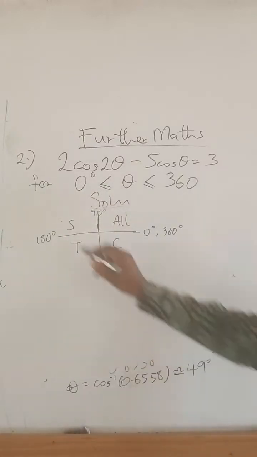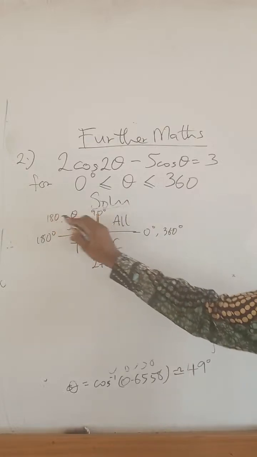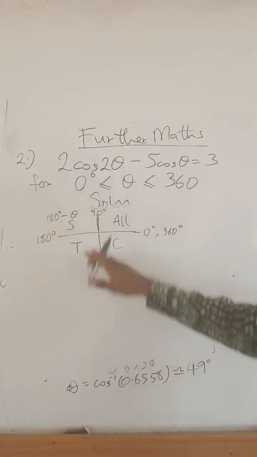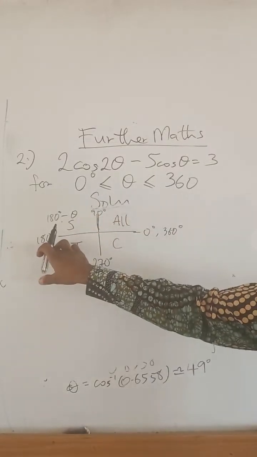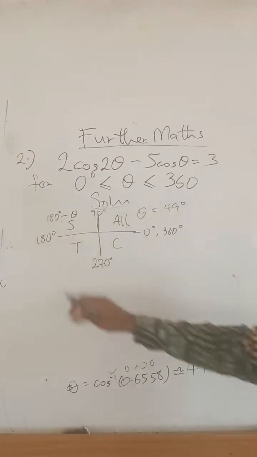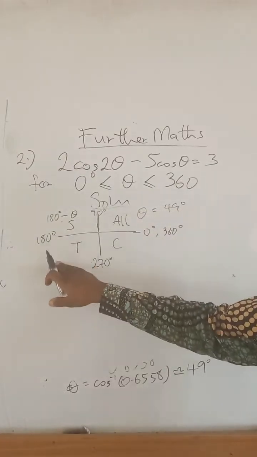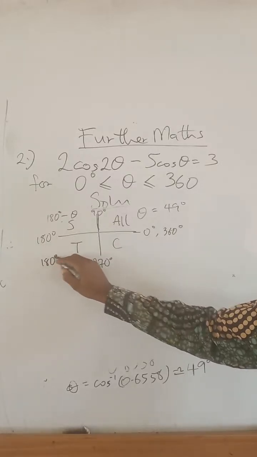So in the second quadrant, we do 180 degrees minus theta. That gives you the angle between 90 and 180. And remember, our theta is 49 degrees. To get the equivalent in the third quadrant, it's going to be 180 degrees plus theta.